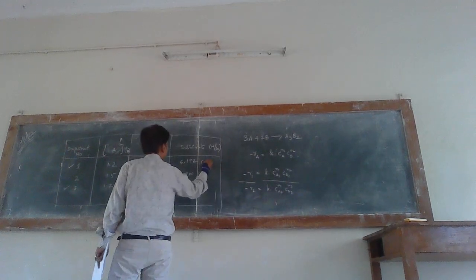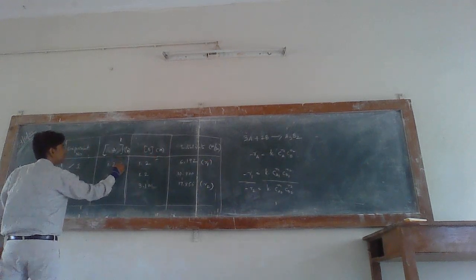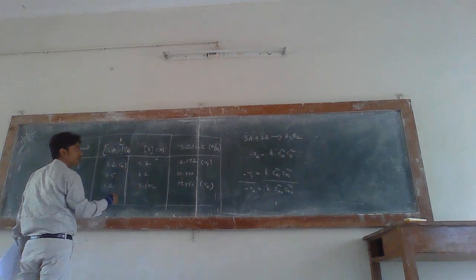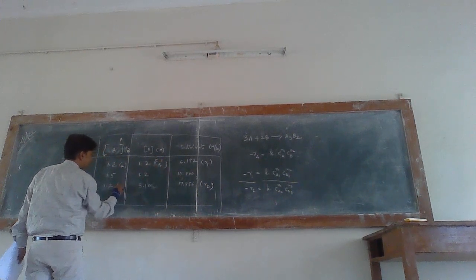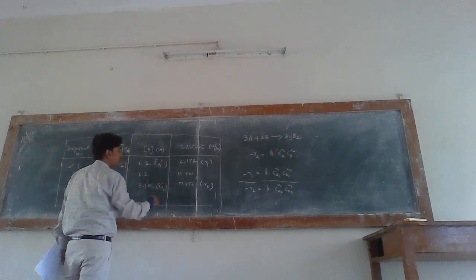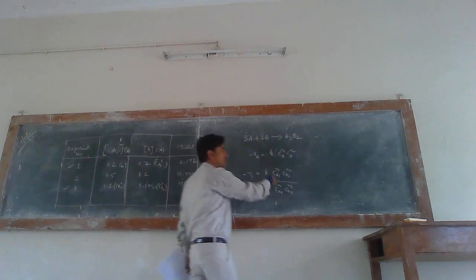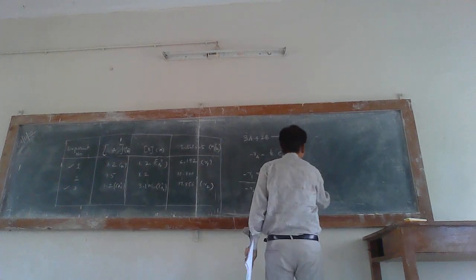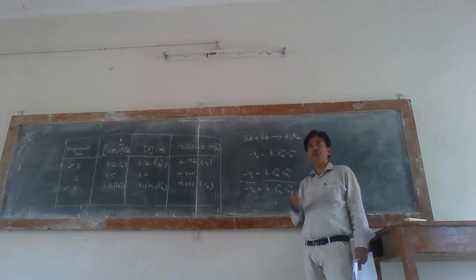Take this as R1, this as R2, this as CA1, this as CB1, this as CA2, and this as CB2. Because these two are the same, this will get cancelled, and you will get n2 first. Do it.